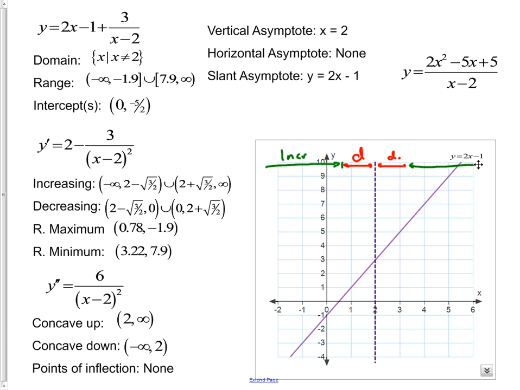So it's going to be increasing on this interval from 3.22 to infinity. All right. And concavity changes. We have a concave down shape. Our concave down shape goes all the way up to 2. So this is concave down here. And then it becomes concave up here.